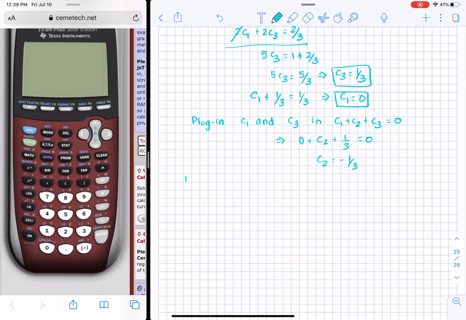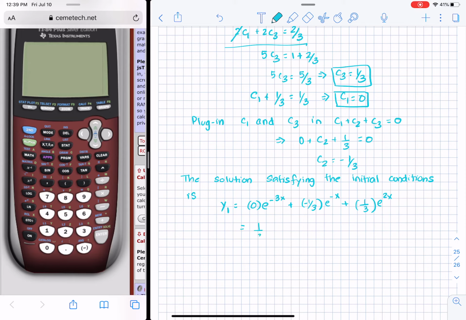So the solution satisfying the initial conditions is y equals 0 times e raised negative 3x plus 1 over 3 e raised negative x plus, minus 1 over 3 e raised 2x.